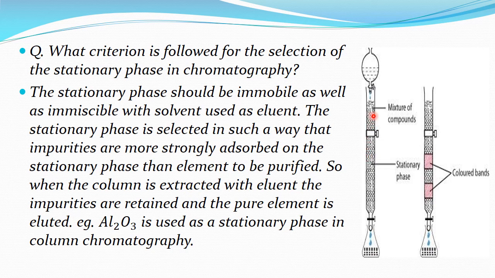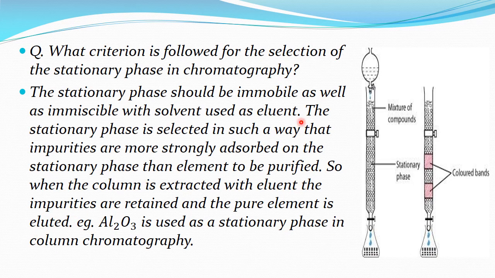So impurity will adsorb more and will come on the top of the column, and the element will come to the bottom side of the column. So impurity will separate easily from the pure element. So when the column is extracted with the eluent, the impurities are retained and the pure element is eluted.